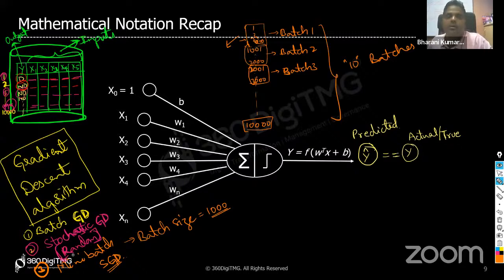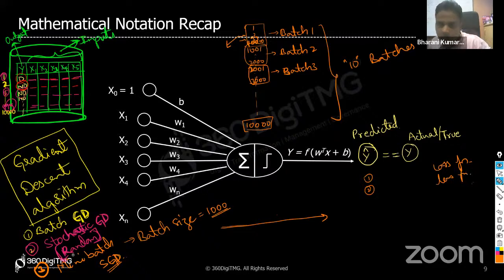You pass it through your network, forward pass, calculate the loss, save it. Then say randomly observation number 2 is selected. You take all the inputs, pass them through your network, forward pass, calculate the loss function, and store it.